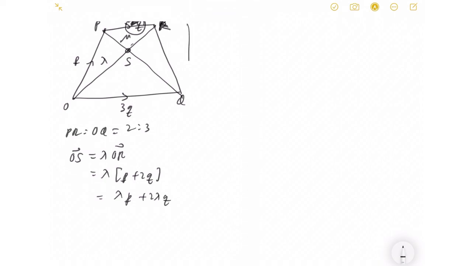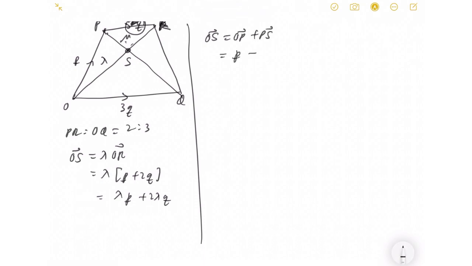Yeah, sorry, this is 2Q, like I say. So this is lambda P plus 2 lambda Q. The second version of OS is I can go from O to P, P to S. Then your answer will be involving mu. So OS equals OP plus PS. Usually they will tell you PS is mu PQ. So we have to find vector PQ now.